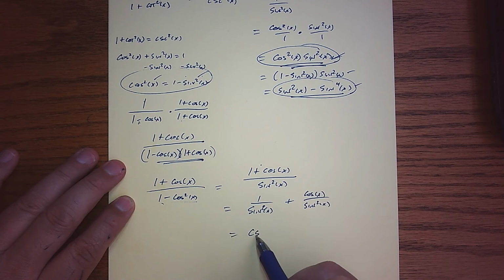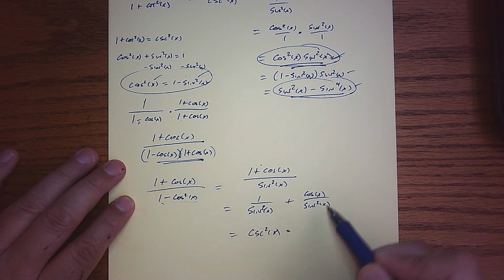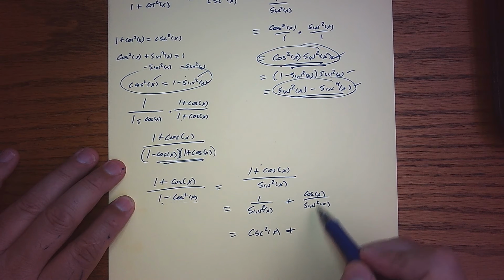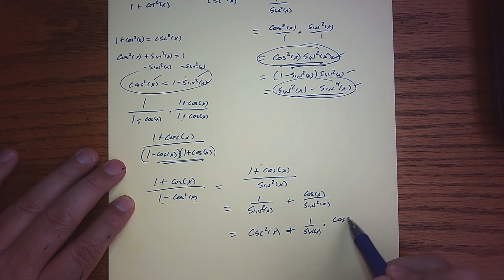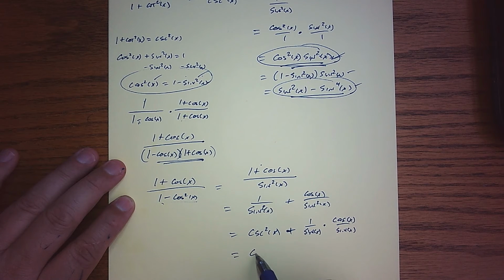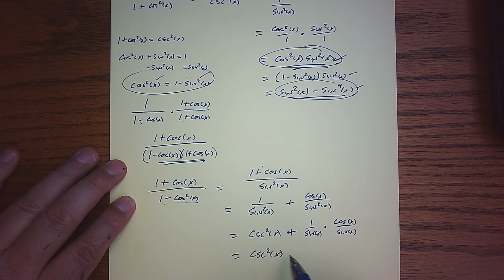This becomes cosecant squared x, and we're adding, this is, how about I write this as 1 over sine times cosine over sine. And so we get cosecant squared x plus the cosecant of x times, this would be cotangent of x.